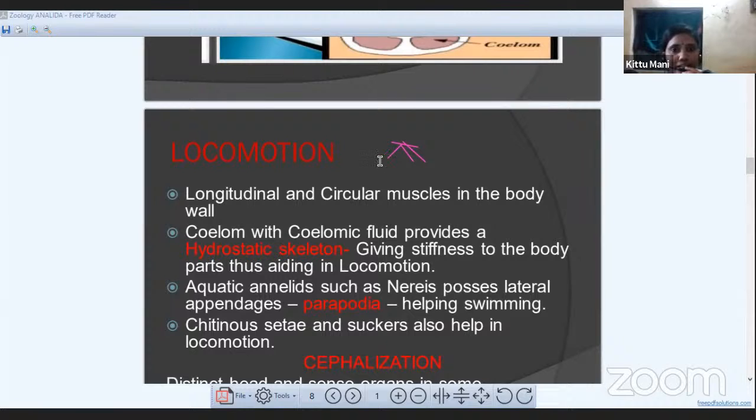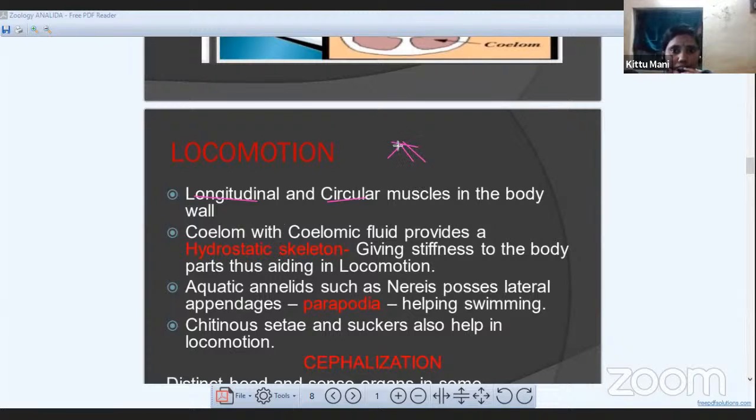Here the cuticular layer has collagen fibers, that is a different story, and the epidermis has a single layer. The third one is the muscular layer. In the muscular layer we observe the longitudinal and circular muscles.